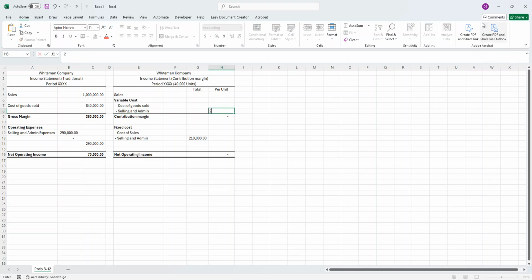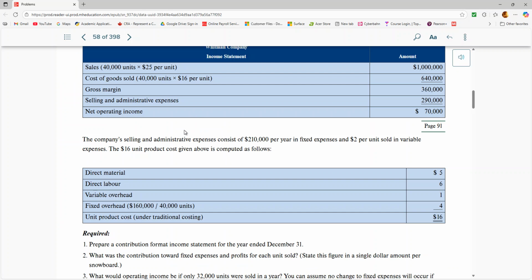So variable cost is $2 per unit. Now if I were to calculate the total, I take 40,000, my number of units, multiply by 2, that is 80,000. So that's my selling and admin. That means I've taken care of $290,000.